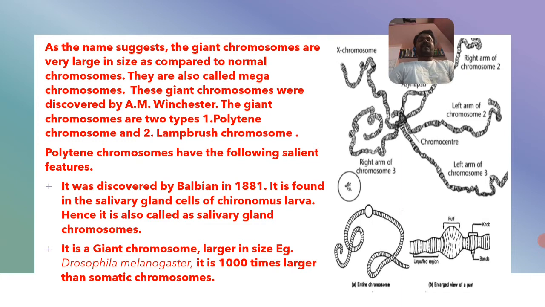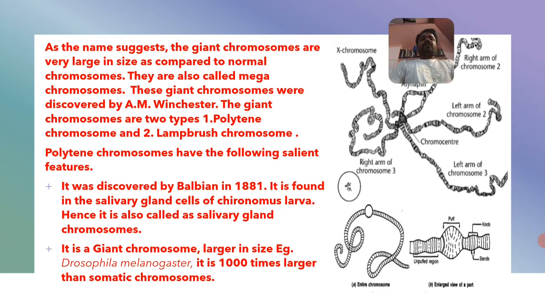They are also called mega chromosomes, means larger or big chromosomes. These giant chromosomes were discovered by a person called Winchester.